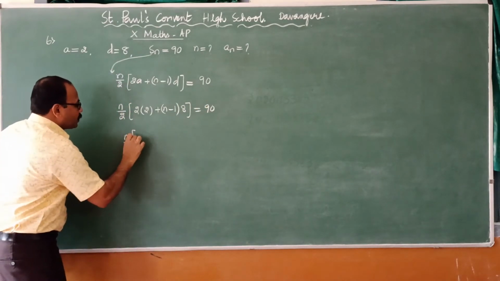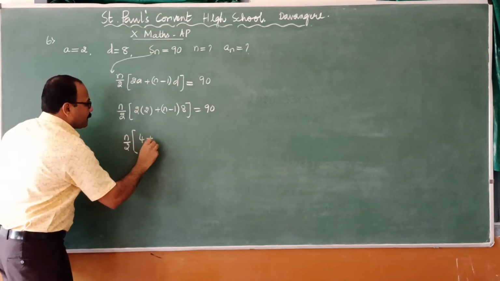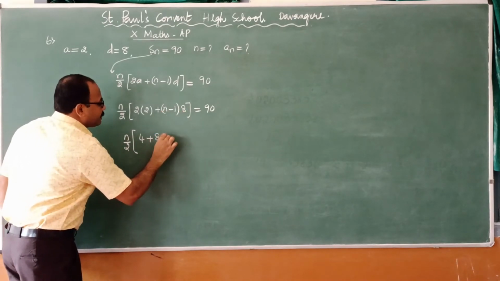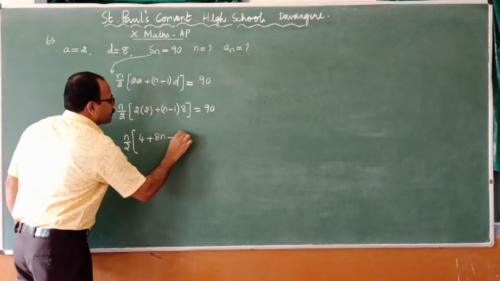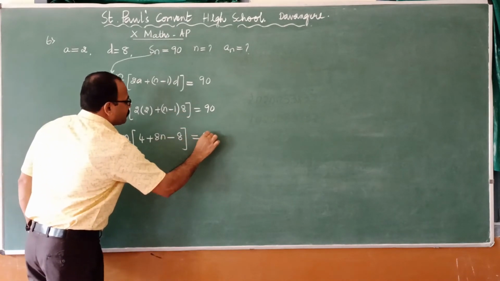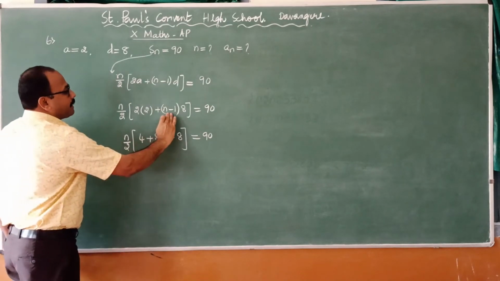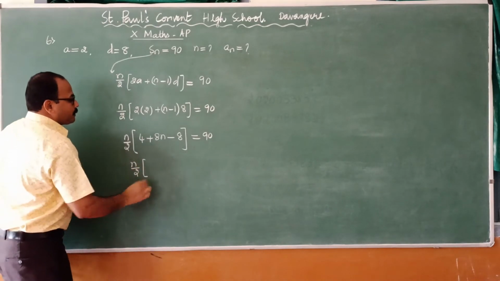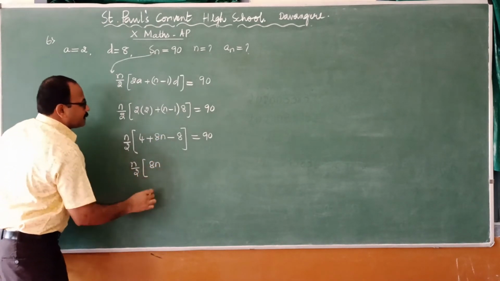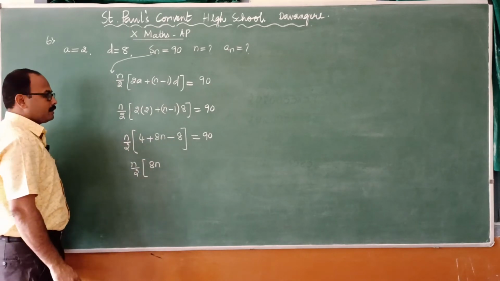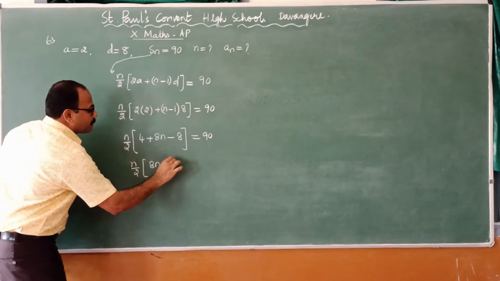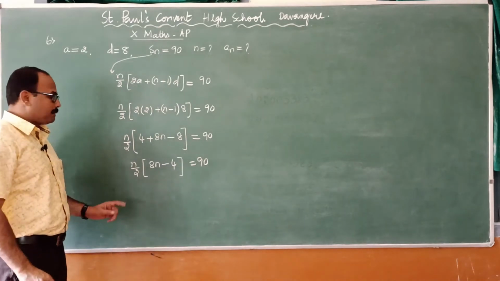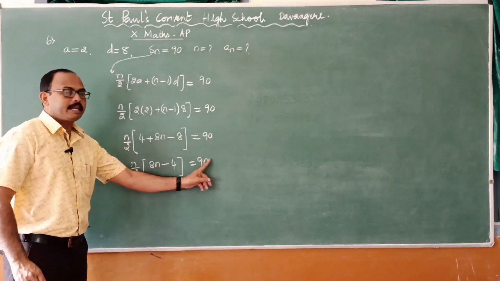n by 2 into 2 into 4 plus n into 8 becomes 8n, minus 1 into 8, 8, is equal to 90, because of the multiplication of a binomial with this monomial. n by 2 into 8n, let me write down first. We have two different signs. Subtract and keep the greater number's sign. The greater number's sign is 4. n by 2 into (8n minus 4) is equal to 90. By cross multiplication, 2 can be brought over here.